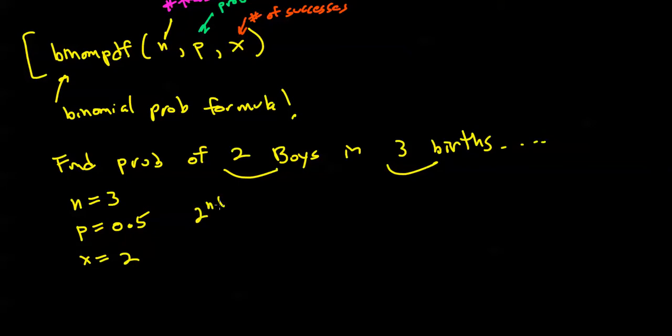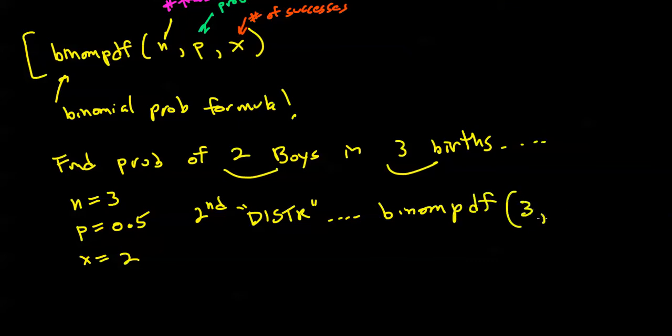So go to your calculator, hit second. Above the VARS button, there's that distribution command. Call up that binomPDF command into your home screen, and then just enter in 3, 0.5, and 2 for my values of n, p, and x respectively.